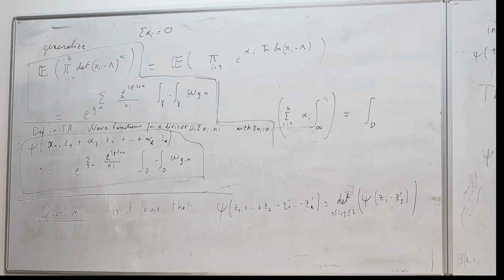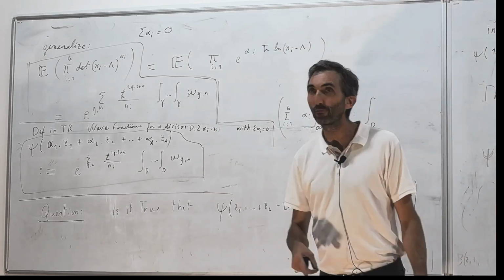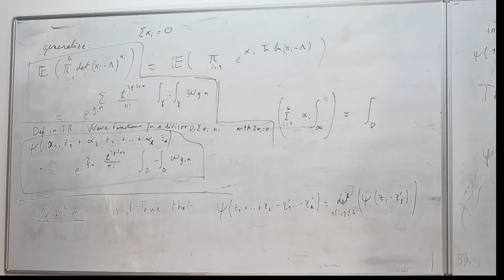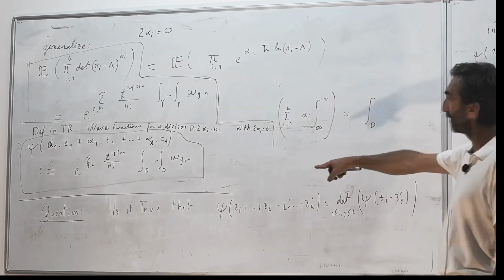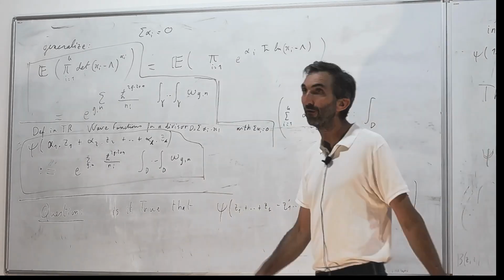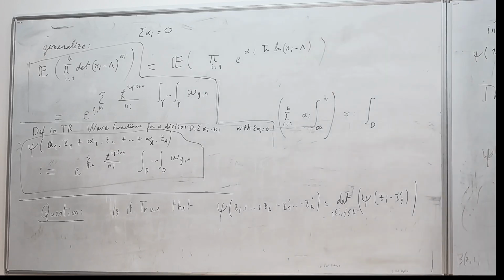But to make this true, we need also non-perturbative terms. There is a way to complete the topological recursion formalism, and in particular to complete this formula with some extra terms that are non-perturbative, that have no 1 over H bar, that have no H bar expansion. There is a way to complete this formula such that it would be true. However, this is still a conjecture.